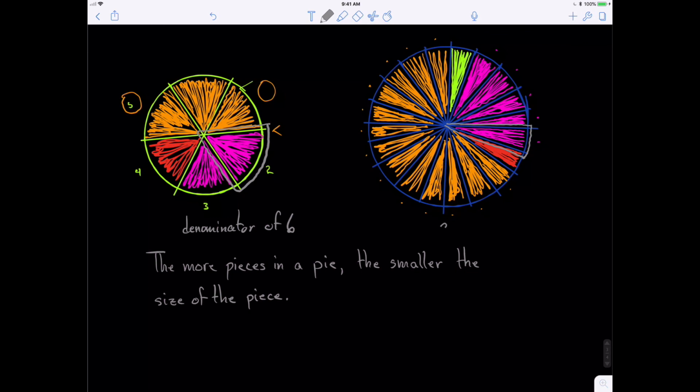And in our other one, it's going to be 20. When you compare that, as the denominator increases, the size of the slice decreases.